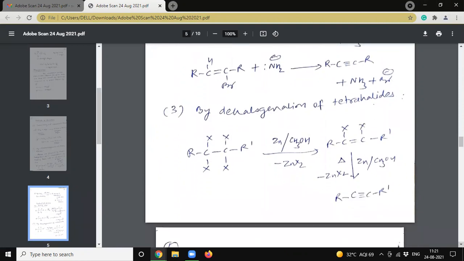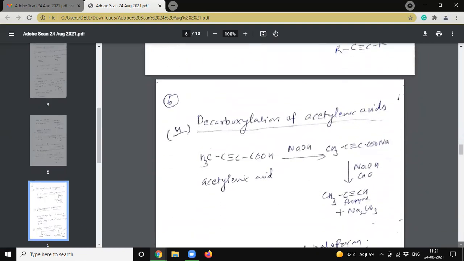By dehalogenation of tetrahalides, we can dehalogenate tetrahalides also. First we react with zinc in methanol solvent. It will give us this dihaloalkene, and on further reaction with zinc and methanol, it will give alkynes.